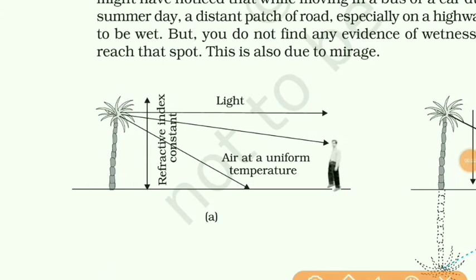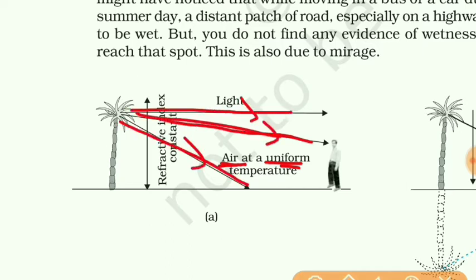In normal conditions, that is when the temperature of the air is uniform, a person can observe this tree because the rays coming from the tree do not get any refraction in the air medium.